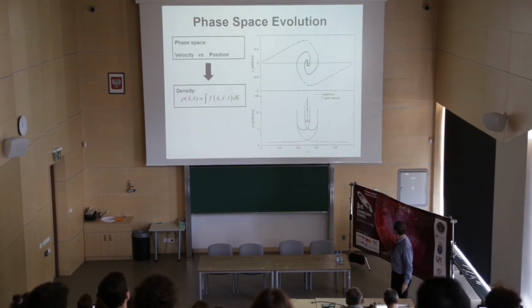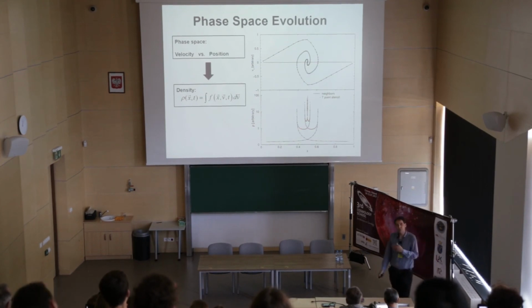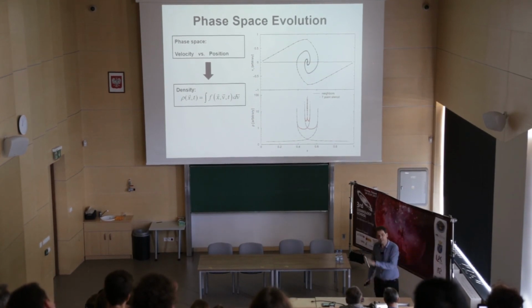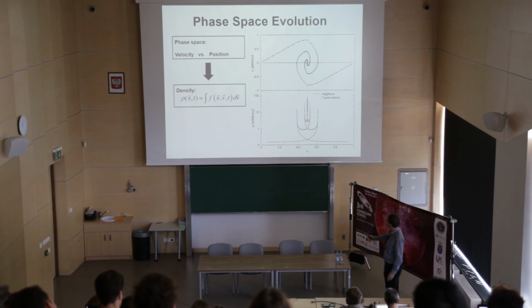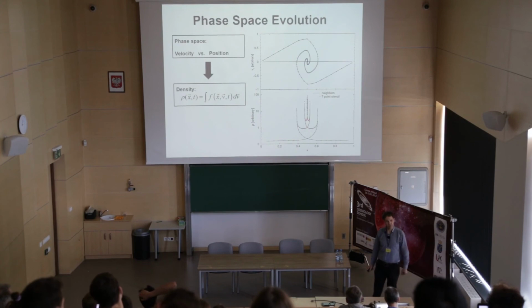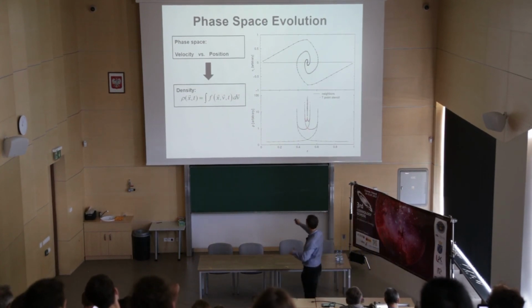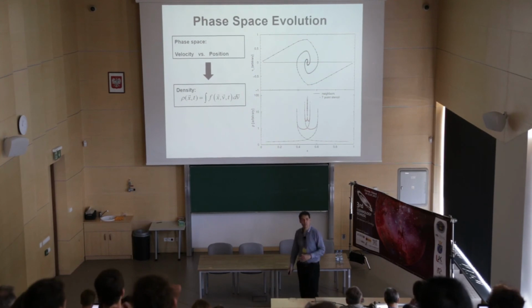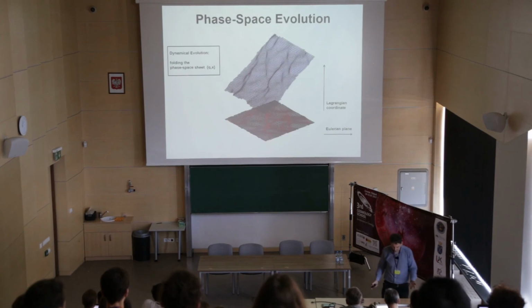So you get structures like this. The phase space structure is infinitely more rich and allows you to look at different aspects and put things together. What you call density is nothing else than simply a projection, an integral, along the velocity distribution. It's nothing more than that. That's what it should be.